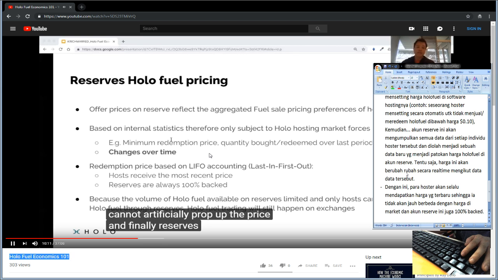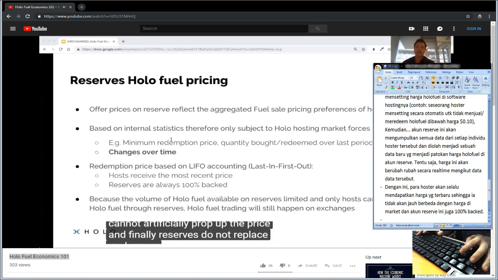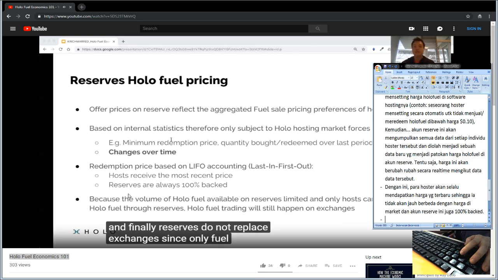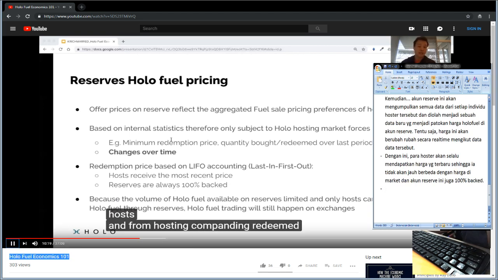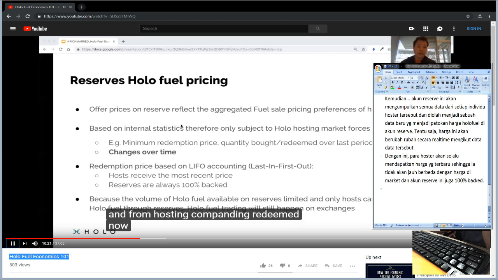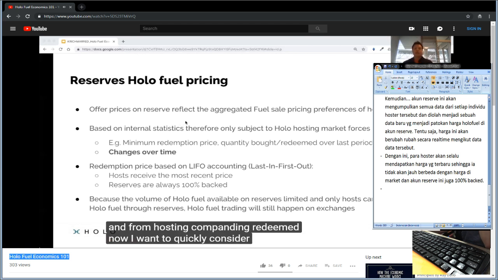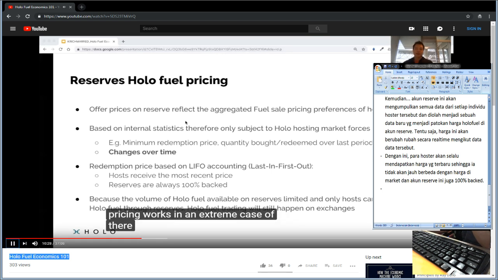And finally, reserves do not replace exchanges, since only fuel earned by hosts from hosting can be redeemed. Now, I want to quickly consider how this pricing works in an extreme case of there being only a single host.